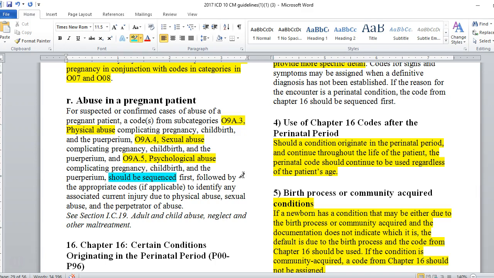So again, abuse is something that must be documented by medical professionals. It is not taken lightly whatsoever. And so again, we have codes here because we do have mandatory reporting.